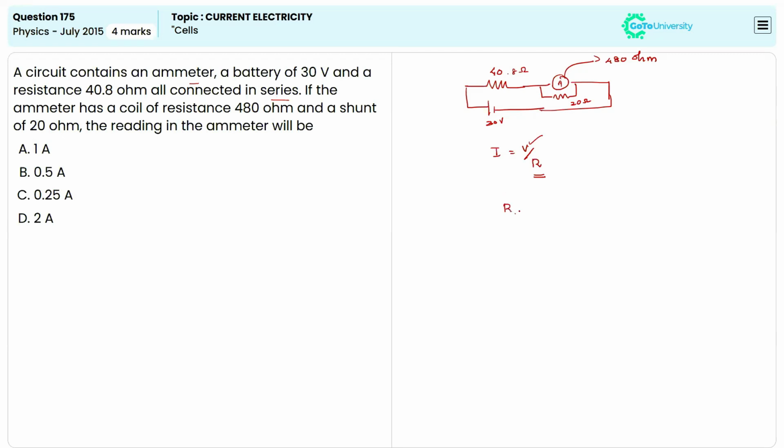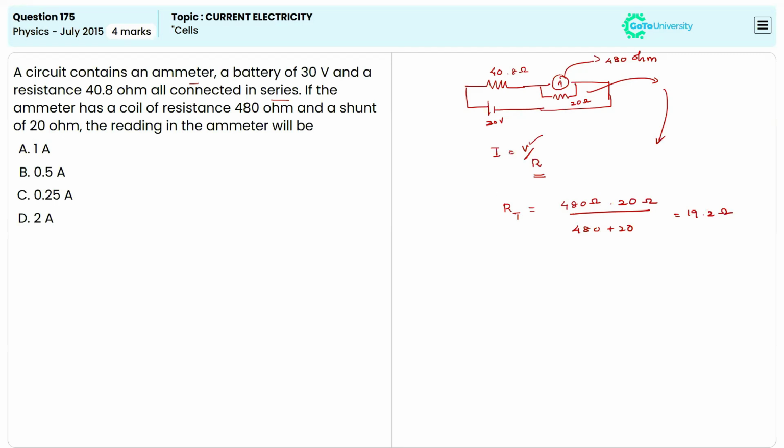It can be written as 480 ohm times 20 ohm divided by 480 plus 20 for the parallel circuit, which will be equal to 19.2 ohm.